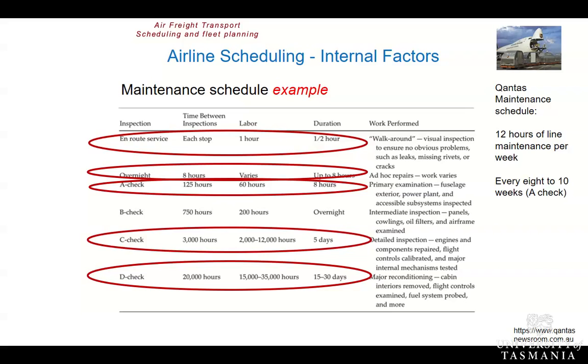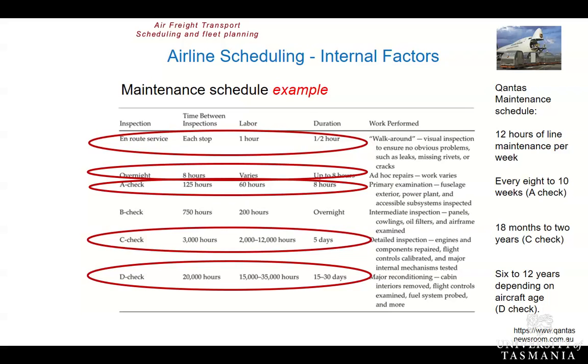So pulled out of the fleet for 8 hours. Every 18 months to 2 years, there's a C check. Okay, taking out of the schedule for 5 days. And every 6 to 12 years, there's a D check.